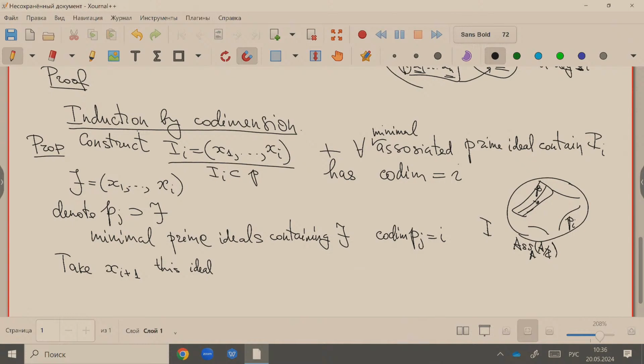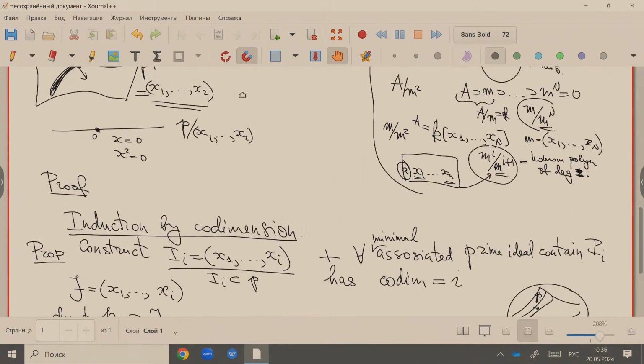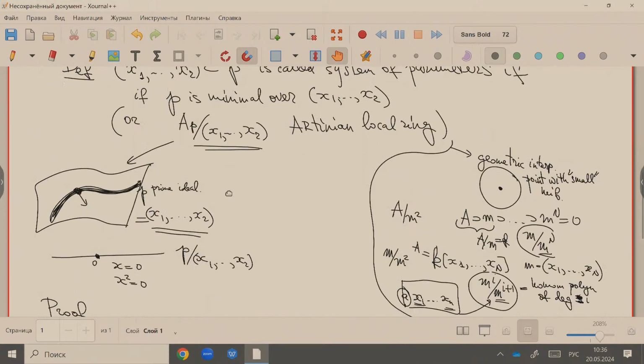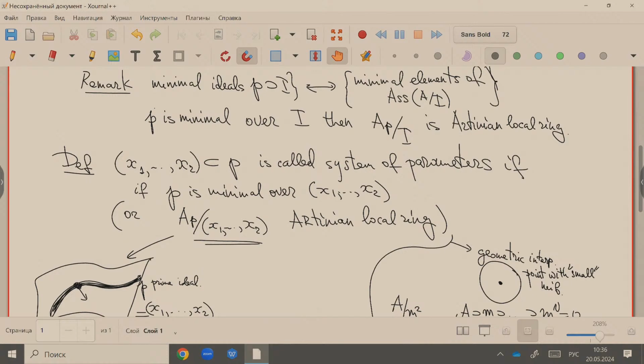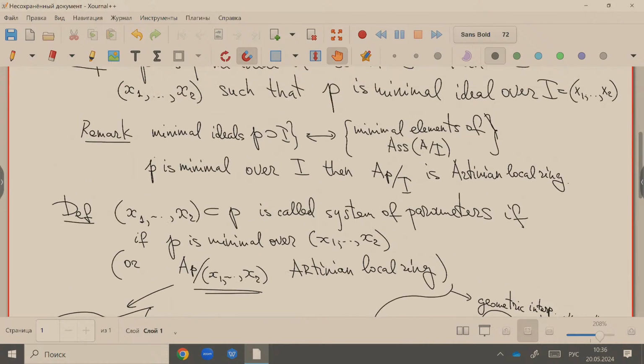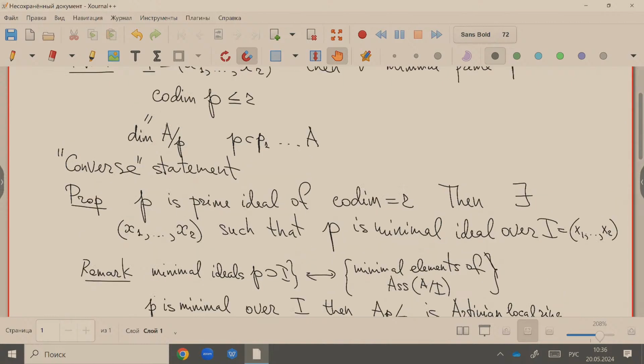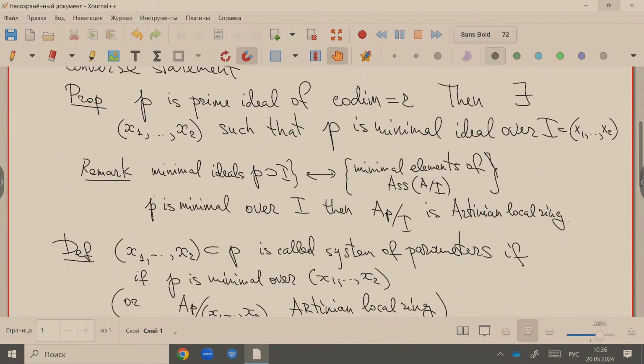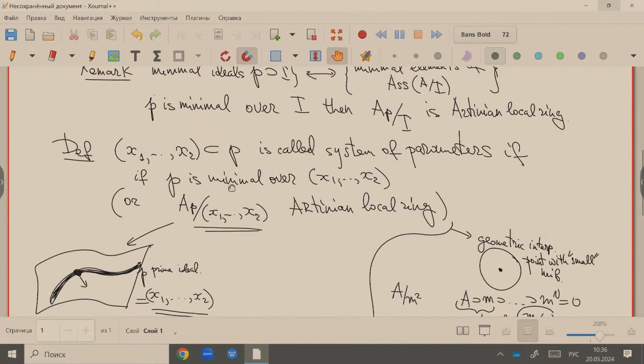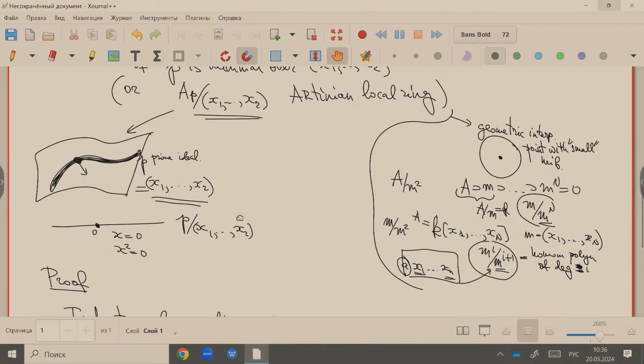Sorry, just in the codimension I realized I have written the wrong formula here. This is dimension also, but this is dimension of the law. So codimension is dimension of the law. I'm sorry for this misprint here.